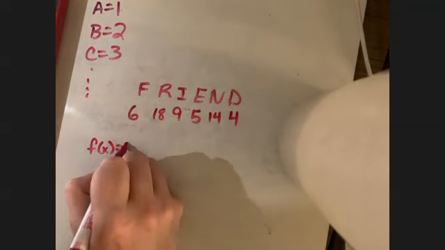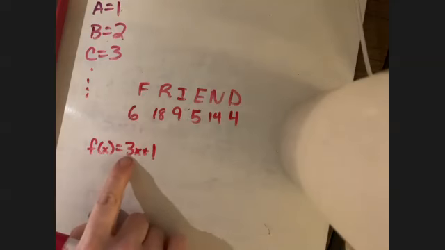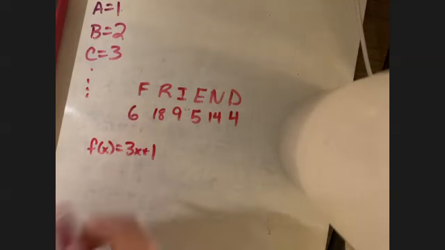Now, what would happen is at a basic level, they would come up with a function, something like 3x plus 1, and they would cipher this. So what they would do is they would do 6 and plug it in. So 3 times 6 is 18, plus 1 is 19.